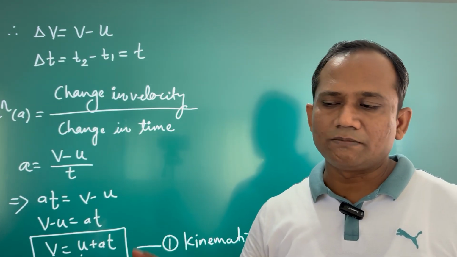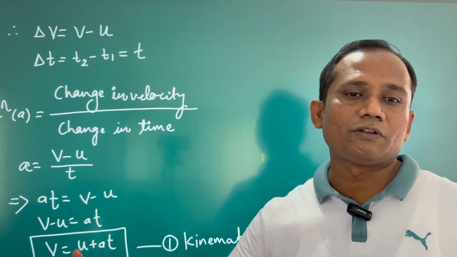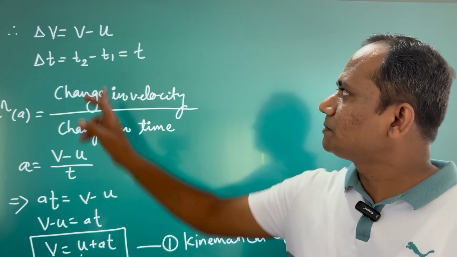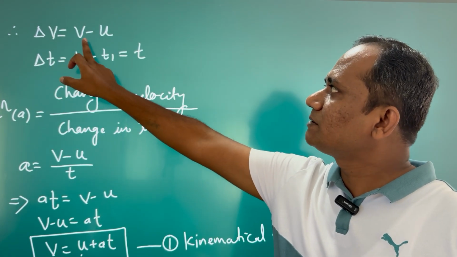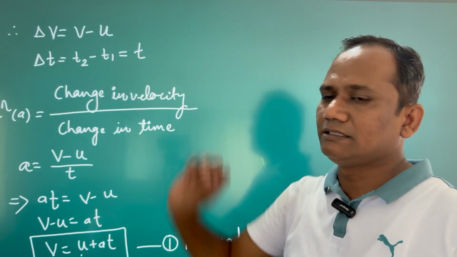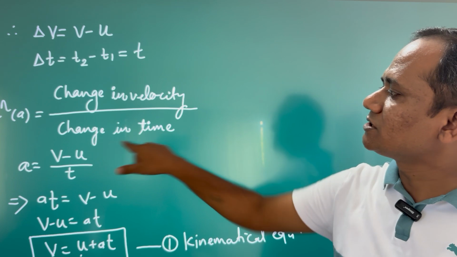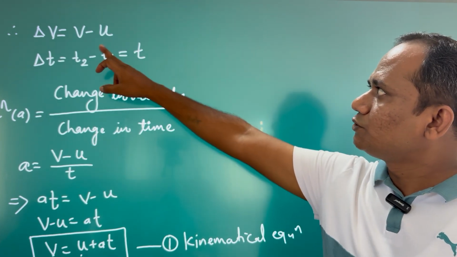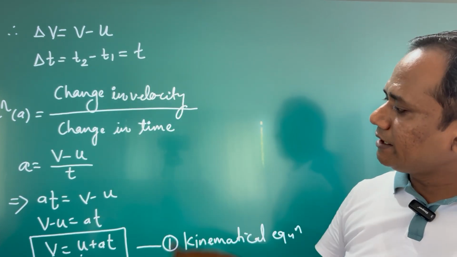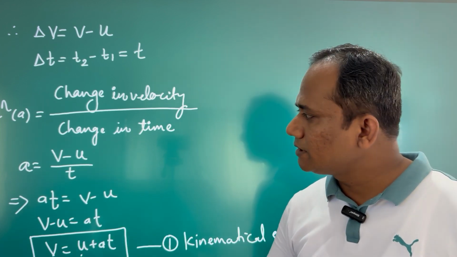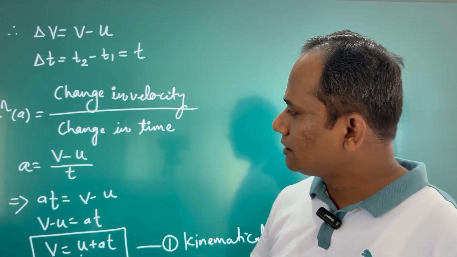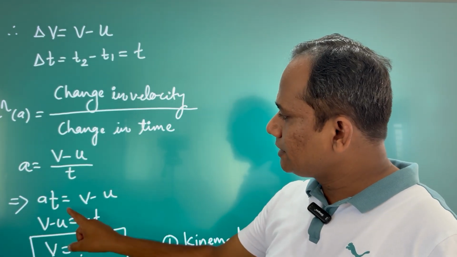So the time required to change velocity from initial to final is t. If you take the ratio of change in velocity upon change in time, then you get this equation, v minus u upon t. By taking this to the left hand side, at equals v minus u.